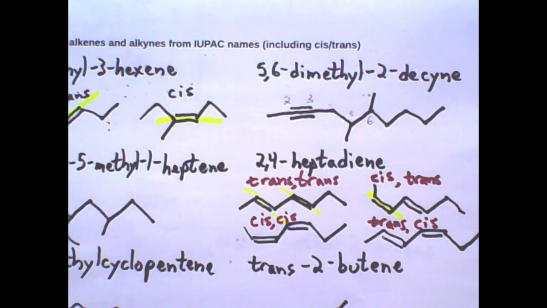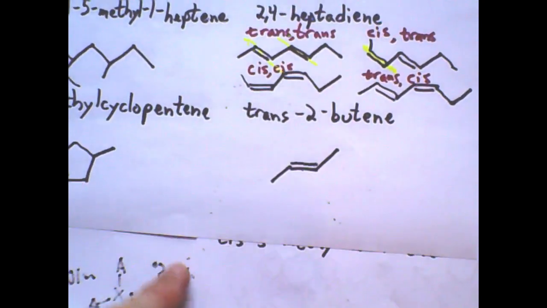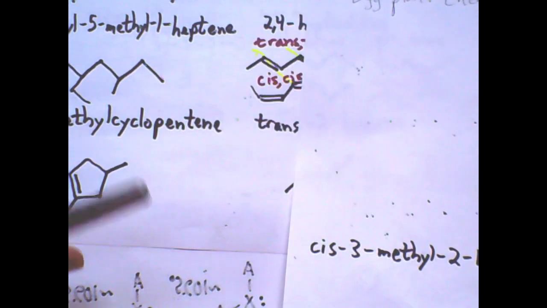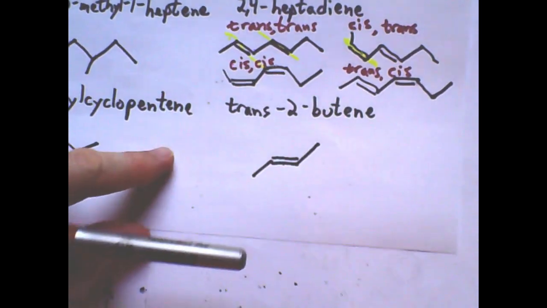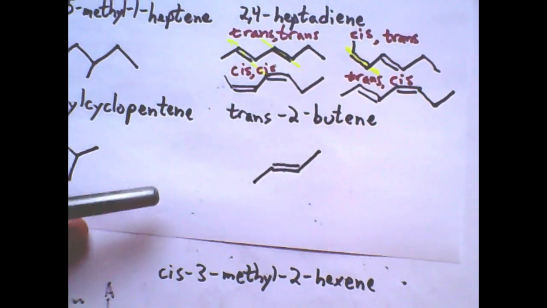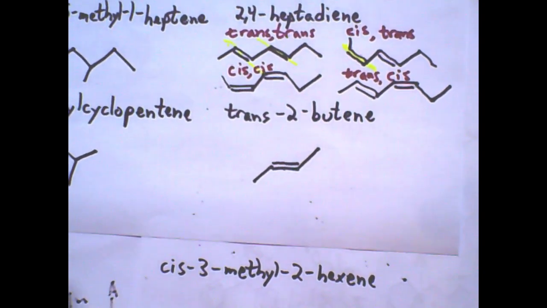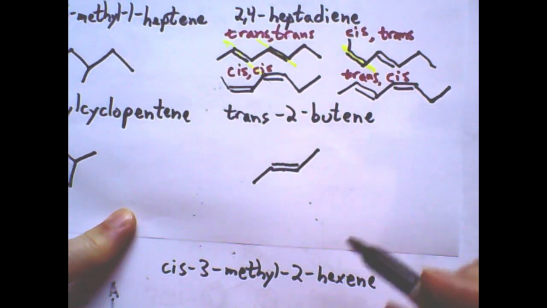I'm going to do one more. Cis 3-methyl-2-hexene. I'll draw it above it. Start with the hexene.